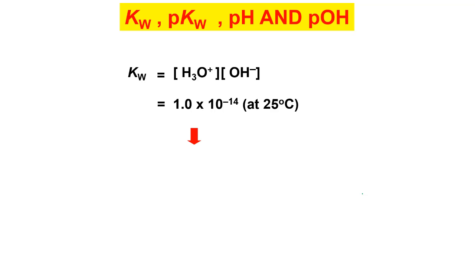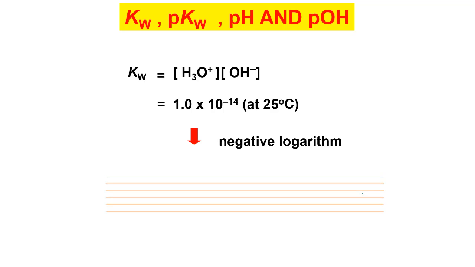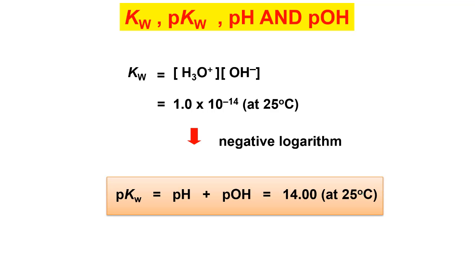Okay, so kalau kita apply log asas 10 negative logarithm, so saya negative logkan Kw, maka saya akan dapat pKw, dan bila saya negative logkan concentration of hydronium ion, saya dapat pH.